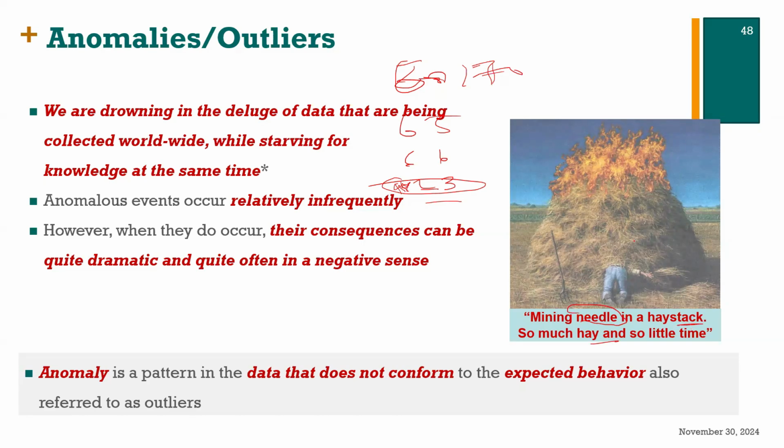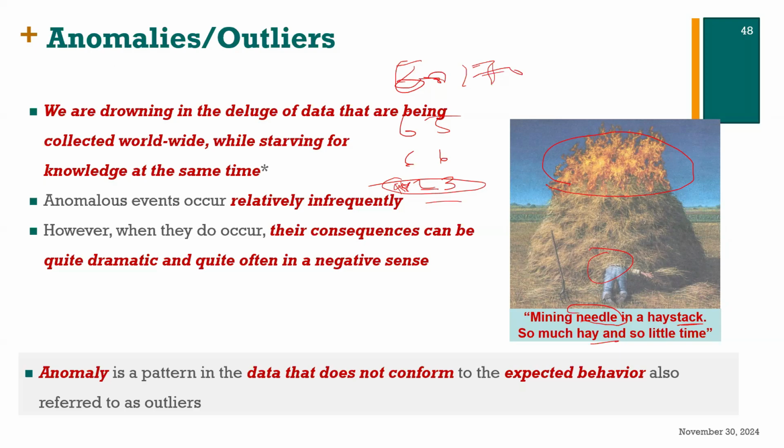Look at this scenario: you have little time because the fire is consuming this hay, and we know there's a needle inside the hay. You need to go in and quickly pick the needle, like this guy is trying to do. That is how difficult it can sometimes be to detect an outlier and locate it. After locating it, you can then try to resolve the problem or treat the effect.